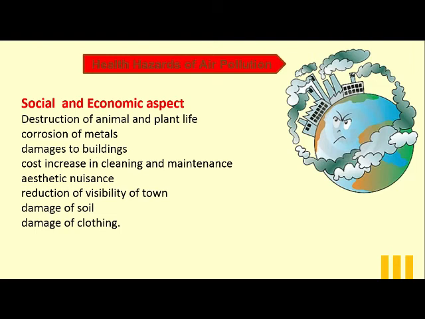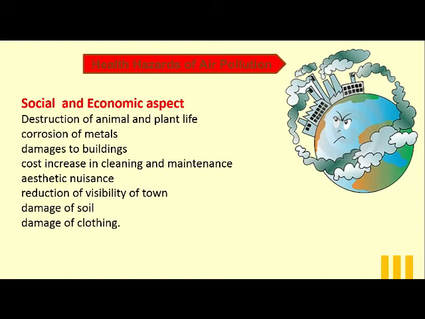Also, animals are continuously exposed to air pollution. Animals inhale the air pollutants, especially sulfur dioxide and other acidic material. This causes health hazards in animals. Also, animals who feed on polluted plants become sick, and there is also destruction of both animals and plants.